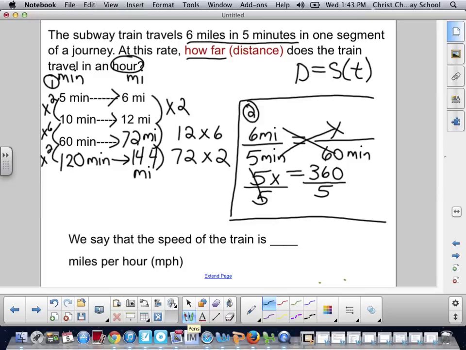Why don't you go ahead and put the video on pause, and go ahead and figure out what 360 divided by 5 is. Well, welcome back.